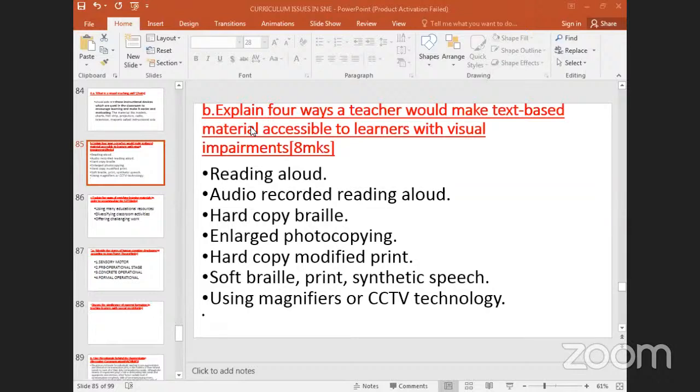I've found something. Alternative modes of communication for learners with special needs. Ama utusome, please. Sasa imesemwa kuna communication boards, kuna sign supported speech, kuna talking books, kuna bliss symbols. Na devices hapa sijui kama iko.